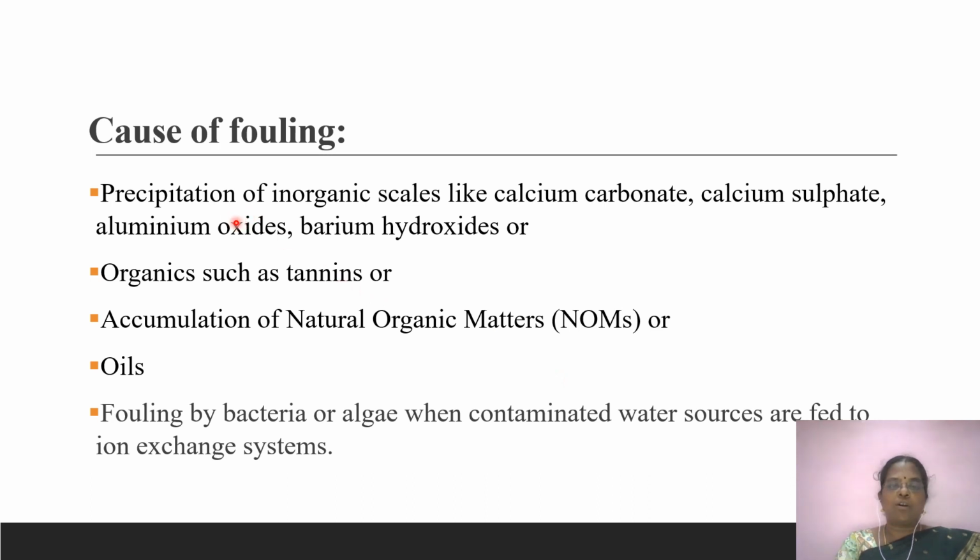Here also it is caused by inorganic substances, such as scale-forming substances like calcium carbonate, calcium sulfate, aluminum hydroxide, and barium hydroxide. Another is organic substances. Naturally, surface water has a lot of organic substances like tannins, and also unnatural organic matter, which needs to be removed.